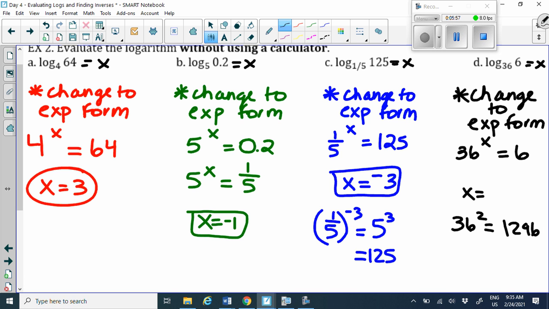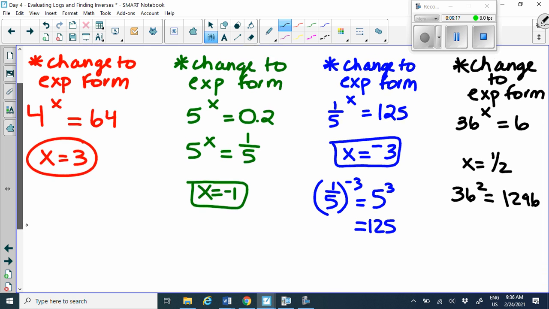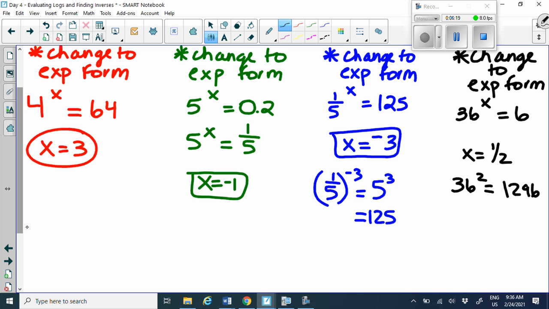But what other types of exponents have we talked about? Didn't we talk about rational exponents in our last chapter? Could this x be 1/2? What would that 1/2 represent as an exponent? So we have 36 to the 1/2.